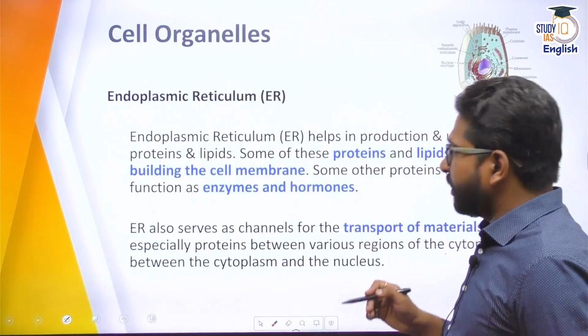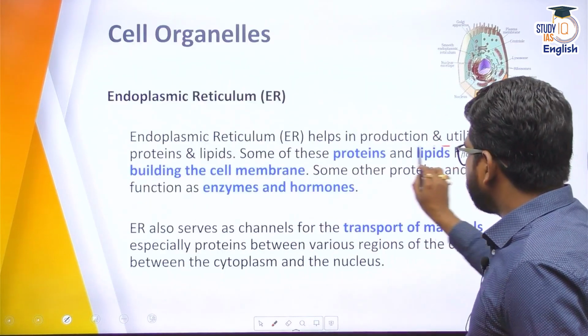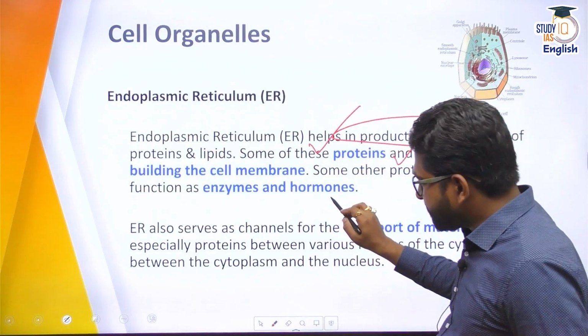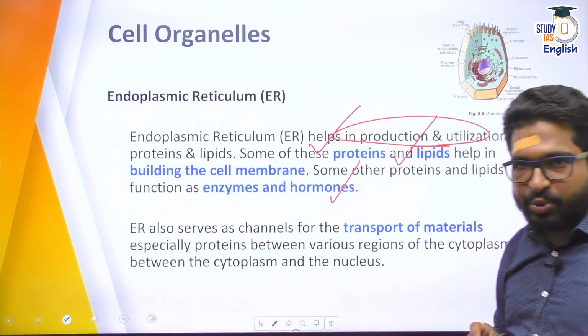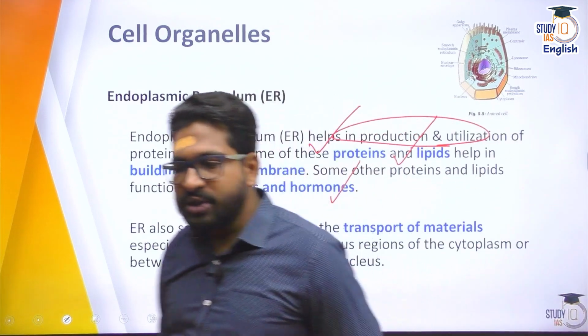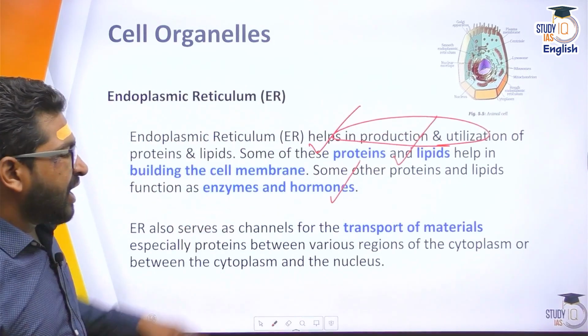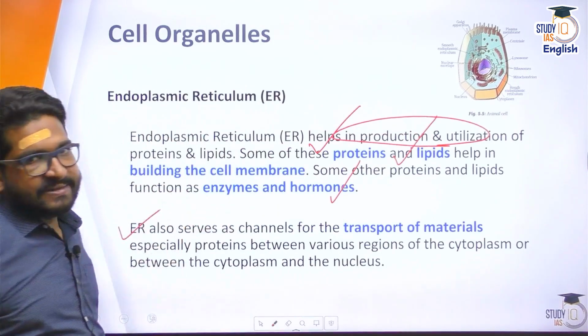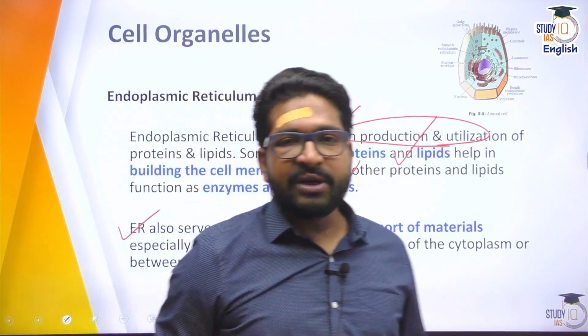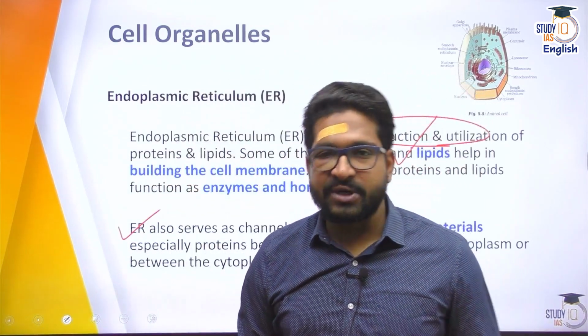And as I told you, the endoplasmic reticulum helps in production and utilization of both proteins and lipids. It also helps in production of enzymes and hormones, which are needed by the cell for metabolism. Also, it serves as a channel for transport of materials. It also provides stability to the cell by giving it some sort of skeletal framework.